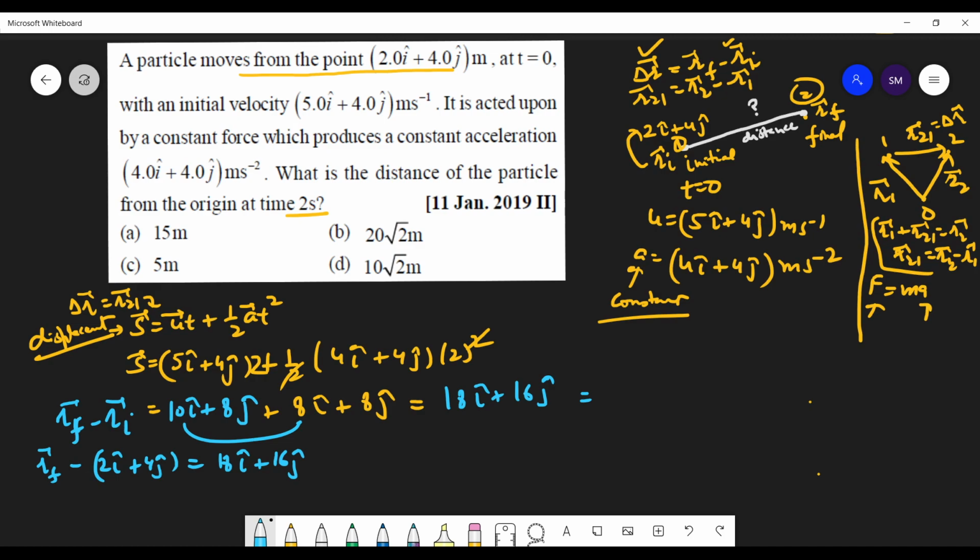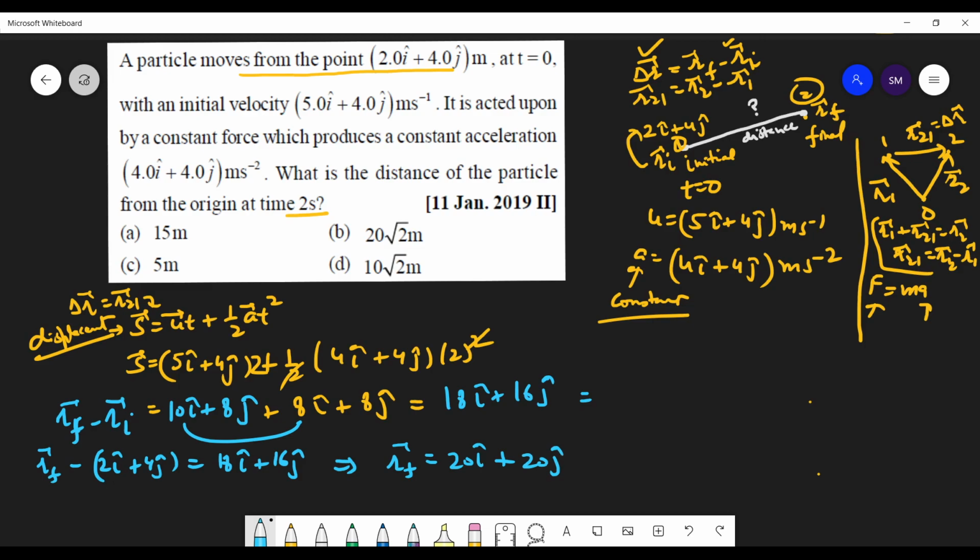So from here you can find the final vector also. So final vector is equals to, so this will go this side, so this minus will become plus, right? So this is 18 plus 2, 20 i cap, plus this is minus 4 plus 4, so 20 j cap.